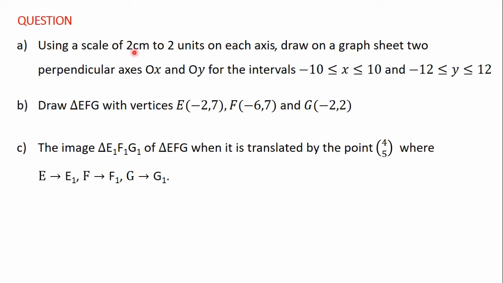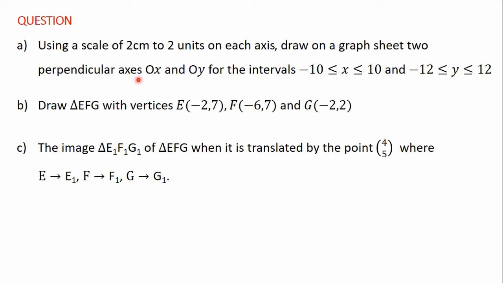B. Draw triangle EFG with vertices E that has the coordinates -2, 7, F that has the coordinates -6, 7, and G that has the coordinates -2, 2. C. The image triangle E1F1G1 of triangle EFG when it is translated by the point 4, 5, where E maps to E1, F maps to F1, and G maps to G1.